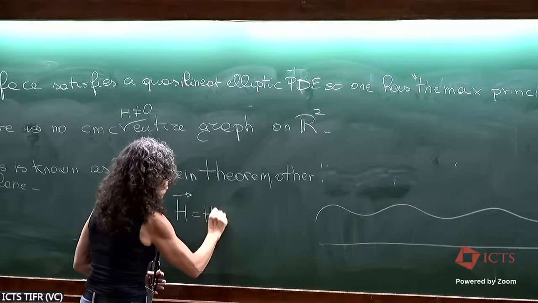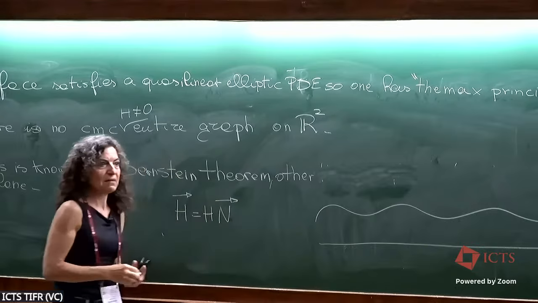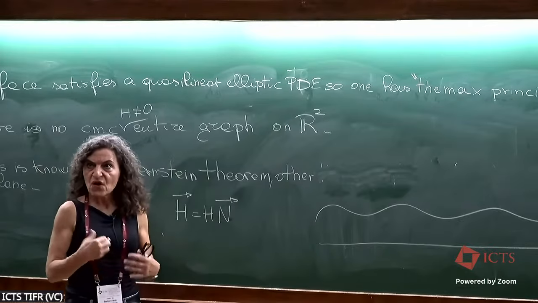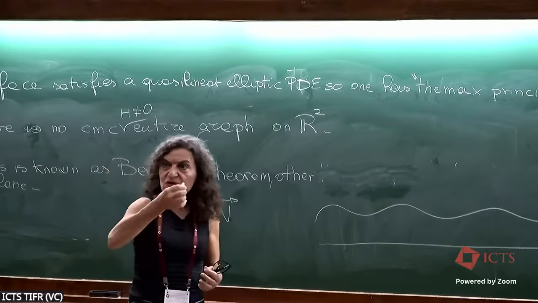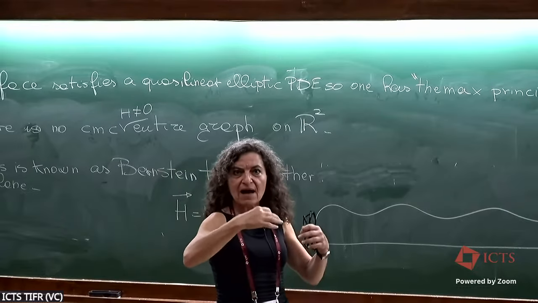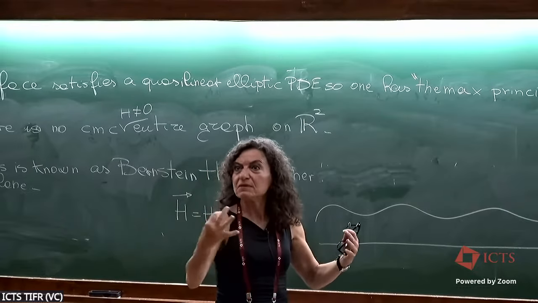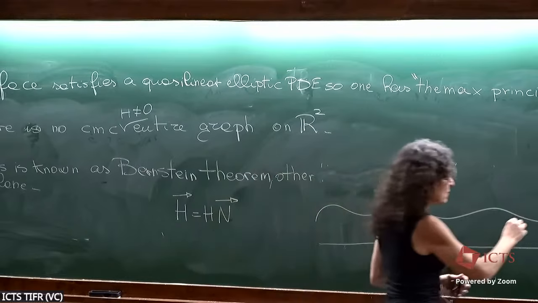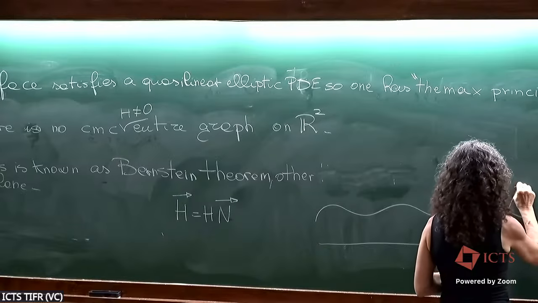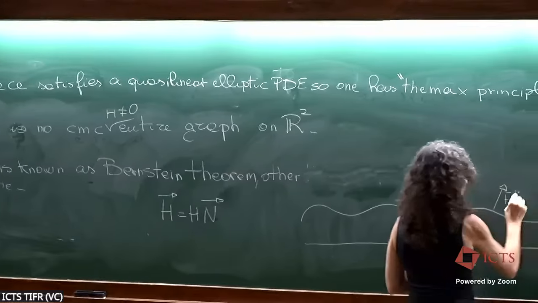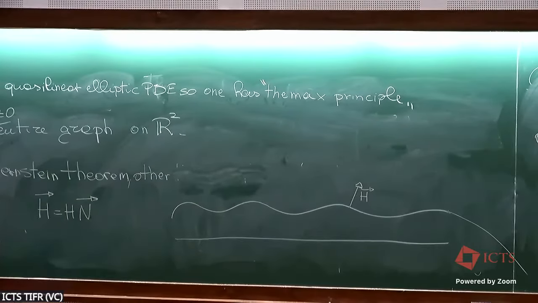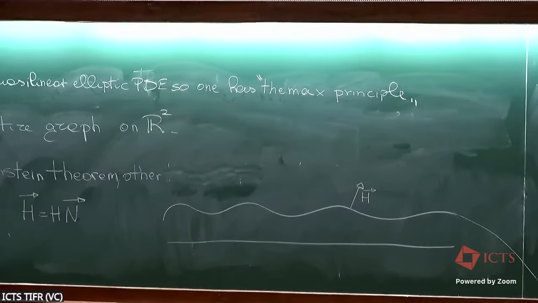If you choose a normal, you can write it as the mean curvature times the normal. So as H is constant, once you choose N, then the mean curvature vector points up or down. It depends on the sign of the curvature. But anyway, we can think that it is pointing up like that. And that has constant norm. So, may you do something with that?